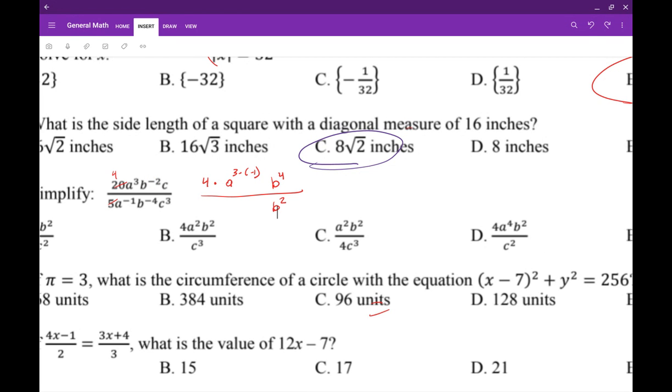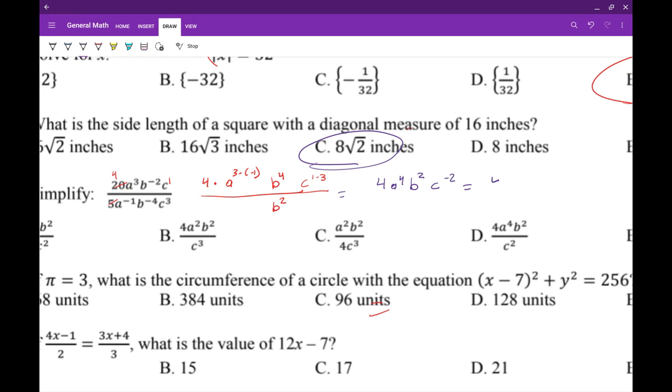And then you have c to the 1st power divided by c to the 3rd power. So then you subtract. You have c to the power of 1 minus 3. So then that would be equal to 4 times a to the 4th power, b squared, because you subtract 4 minus 2, times c to the negative 2nd power.